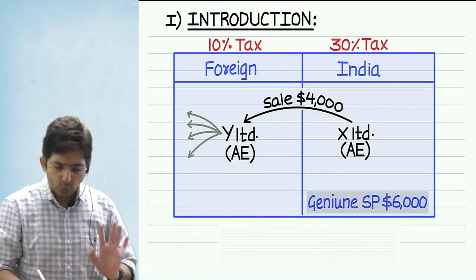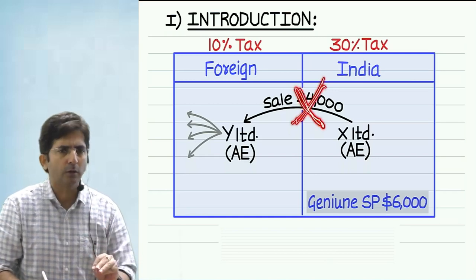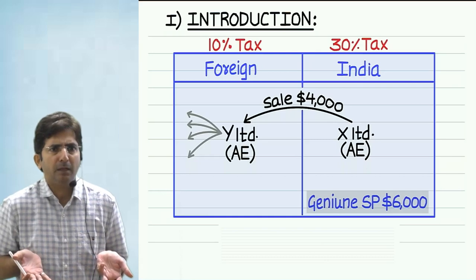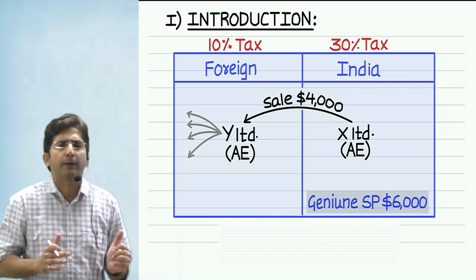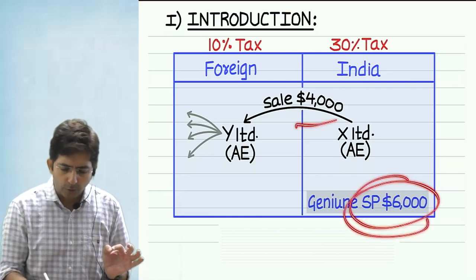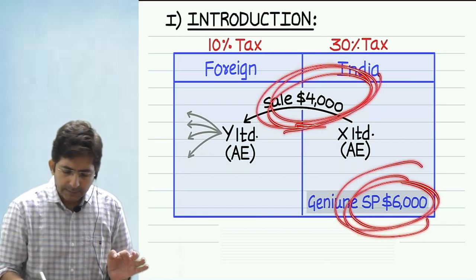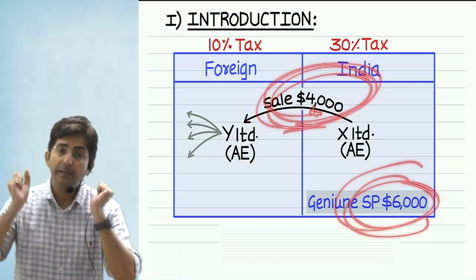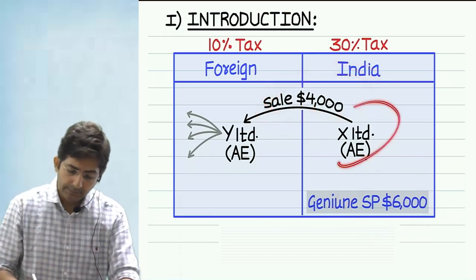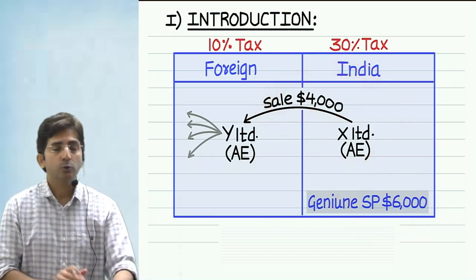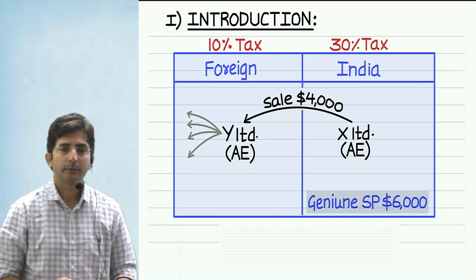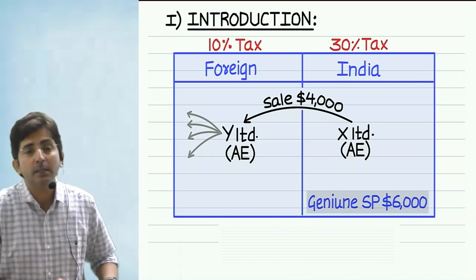Whatever you wanted to reduce the profits by $2,000, reduce it. Ultimately, government is not going to accept the reduced profit. Whatever was the shortfall between 6,000 and 4,000, that difference of $2,000 will be added in the income of X Limited. So ultimately, X Limited is brought back to 6,000.